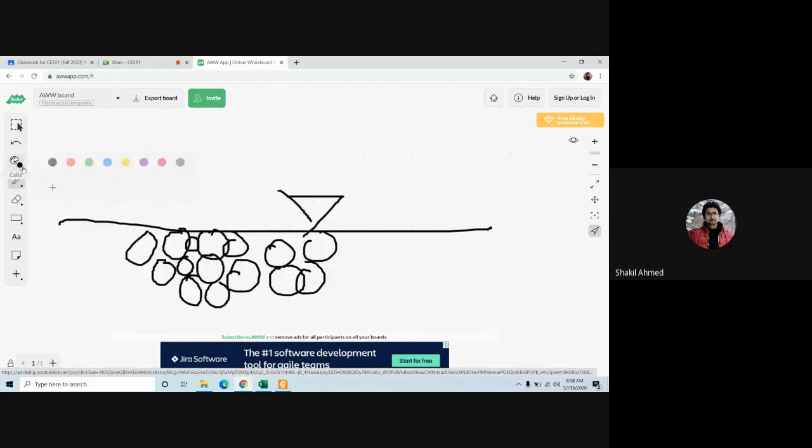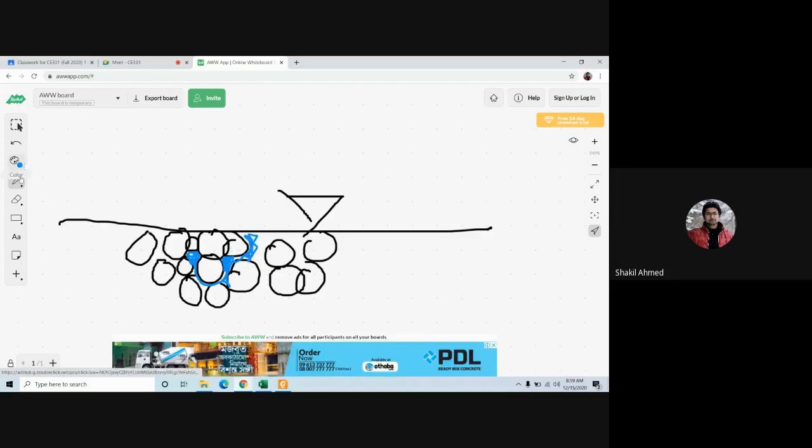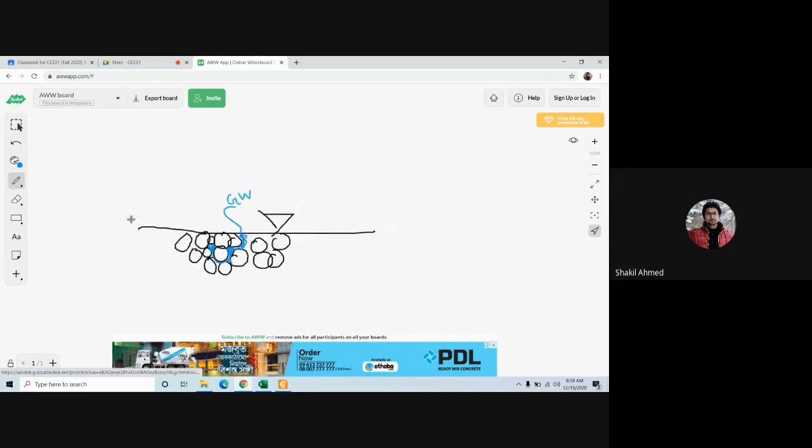So the water actually remains in these pore spaces. So this is actually groundwater. Call it groundwater. And this layer of soil which contains the groundwater is called the aquifer.